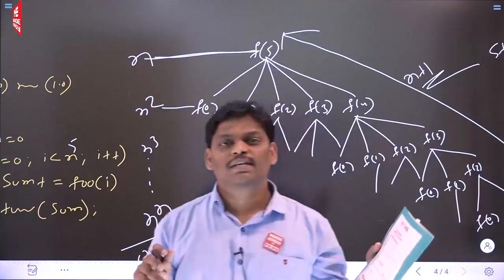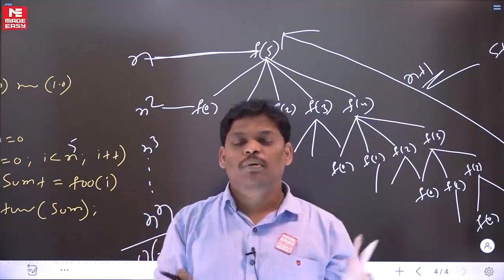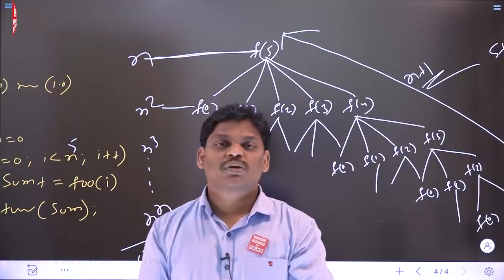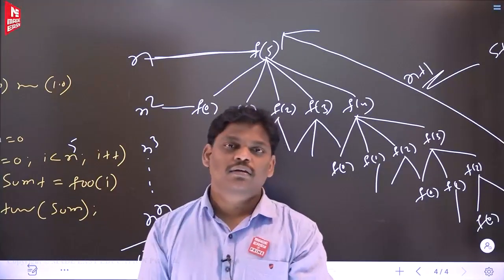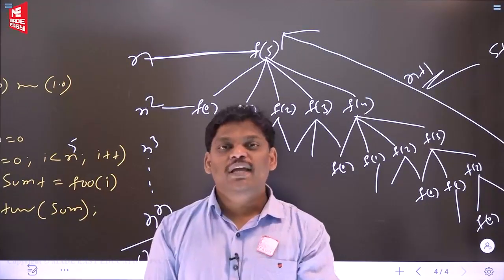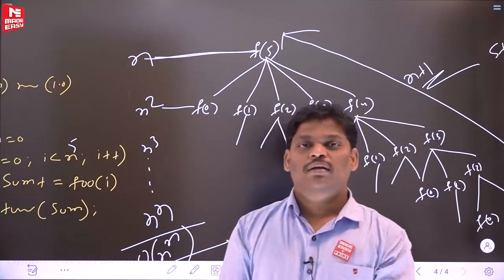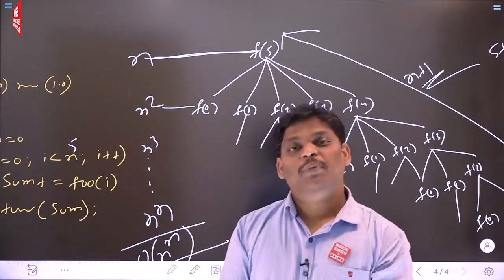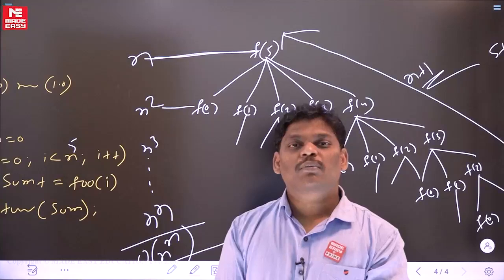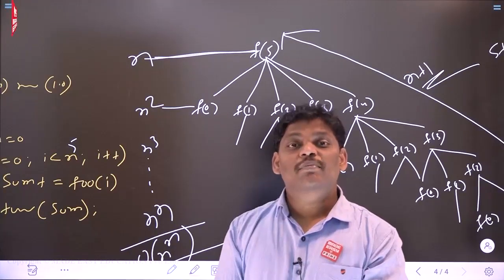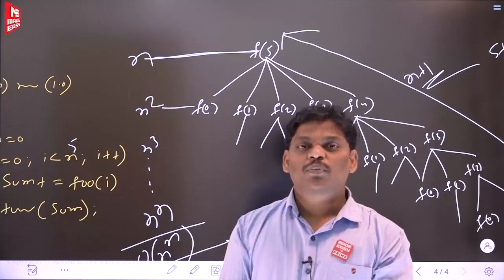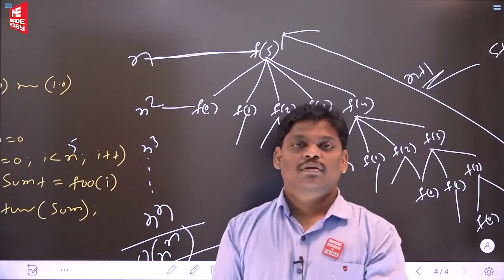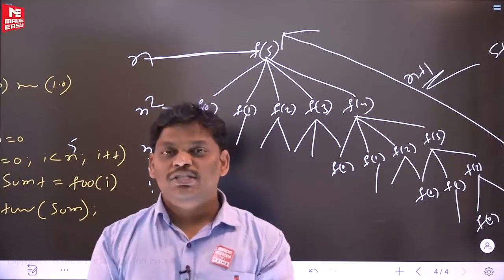Question number 19 is saying that if you use dynamic programming, what is the meaning of dynamic programming? As soon as you compute, you store, so that if anything comes again, you can reuse it. So using dynamic programming on this problem, what will be the space? You know very well, using dynamic programming, space may increase a little bit, but time will decrease. Dynamic programming will compute only distinct function calls.